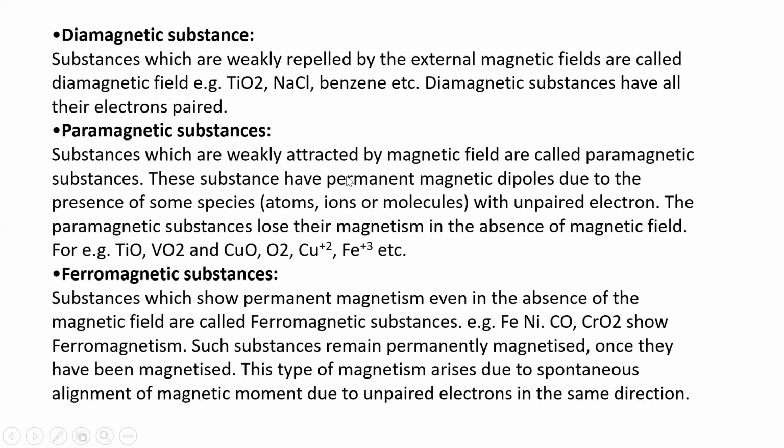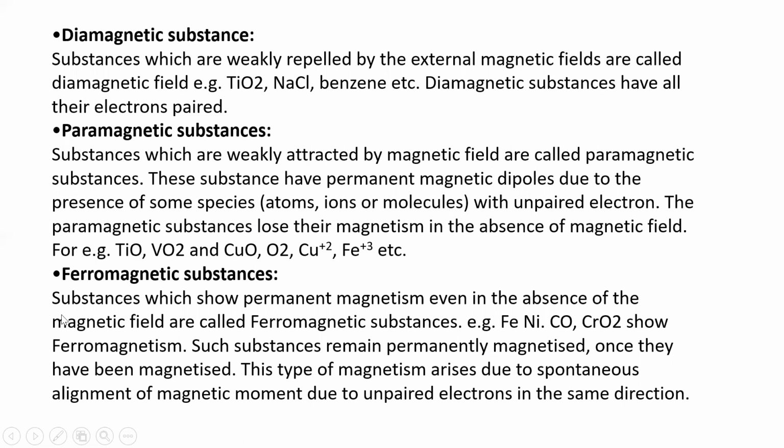These substances have permanent magnetic dipoles due to the presence of some species, that is, unpaired electrons. The paramagnetic substances lose their magnetism in the absence of a magnetic field. Examples: titanium oxide, VO2, CuO, O2, etc. Paramagnetic substances are weakly attracted by a magnetic field.